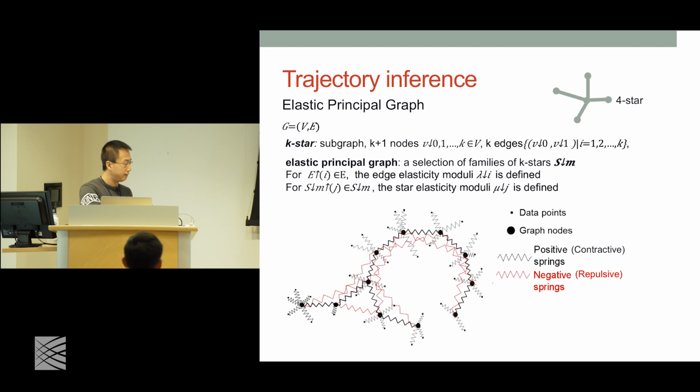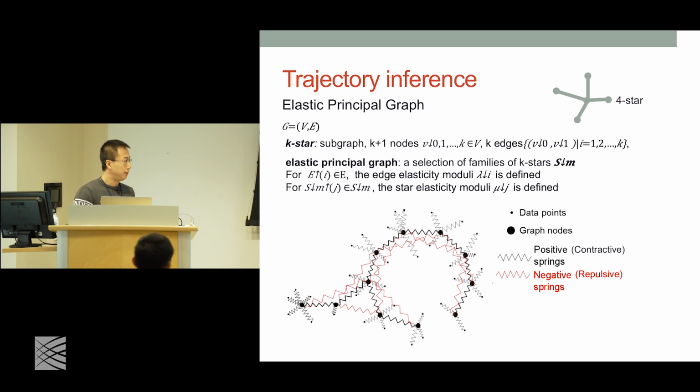As you can see in this plot, the small dots are all of the data points, and the bigger, darker ones are the graph nodes. Here we are trying to use the elastic principal graph to approximate the data points by minimizing the approximation errors.